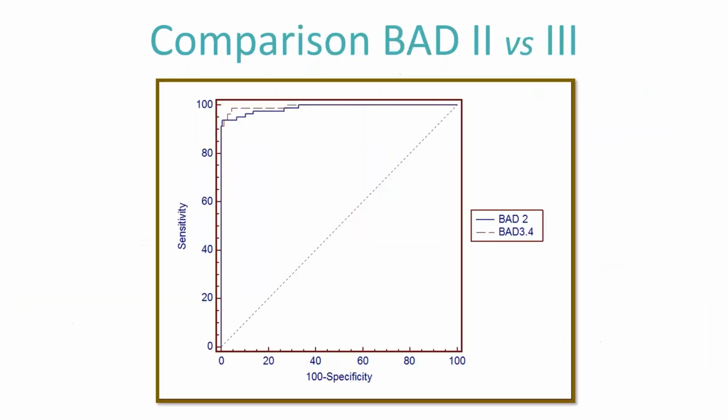If we look at version 2, for those of you who are familiar with the AUROC curves, if you look at version 2 to version 3, it doesn't look like there's a whole lot of change. But actually, that is a very significant improvement. When you get very close to 100%, small incremental improvements really make a dramatic change.